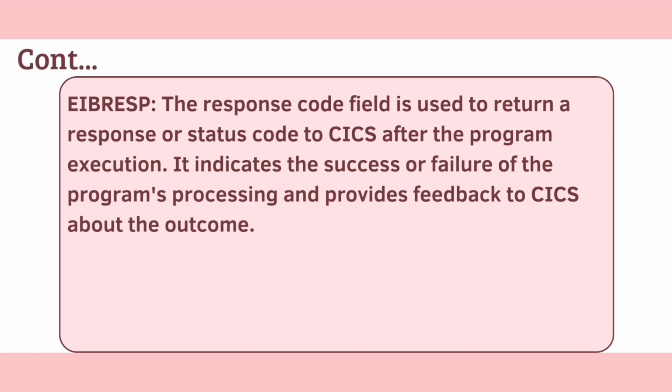These are just a few examples of the fields available in the EIB. The EIB provides a range of information and control options that Kicks programs can utilize to customize their behavior, interact with the Kicks environment, and process transactions effectively.